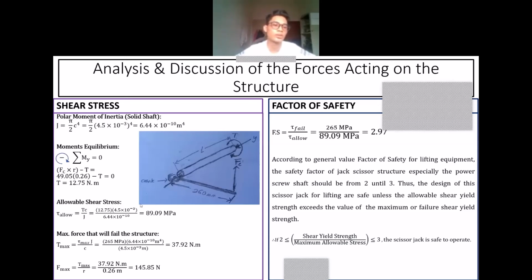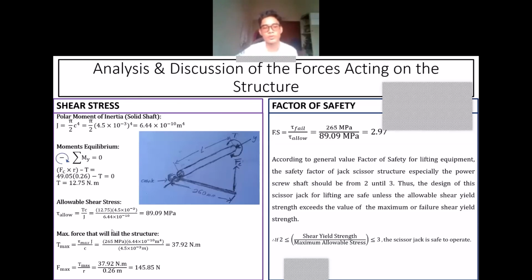So for allowable shear stress, it is equal to torque times c over J, the polar moment of inertia. Then we get the allowable shear stress equal to 89.09 megapascal.